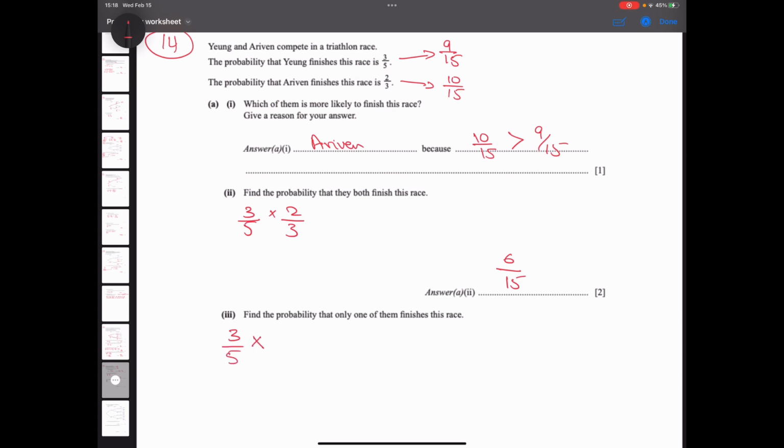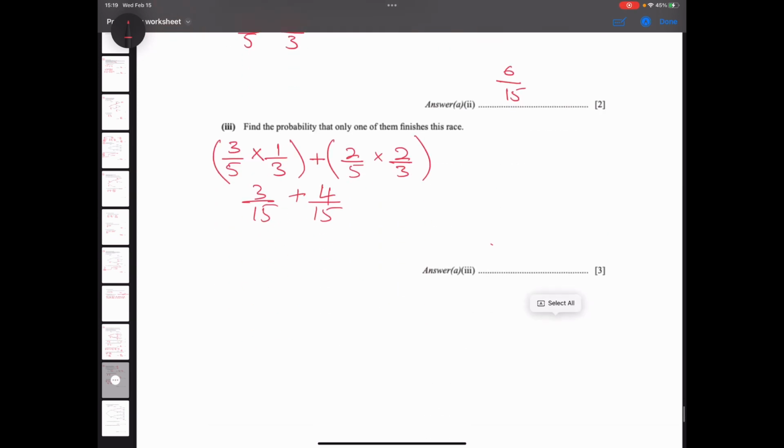Arevan does not finish is 1/3, because him finishing is 2/3, not finishing is 1/3. Or Young not finishing is 2/5, Arevan finishes is 2/3. That is going to give me 3/15 plus 4/15, which is 7/15. Moving on.